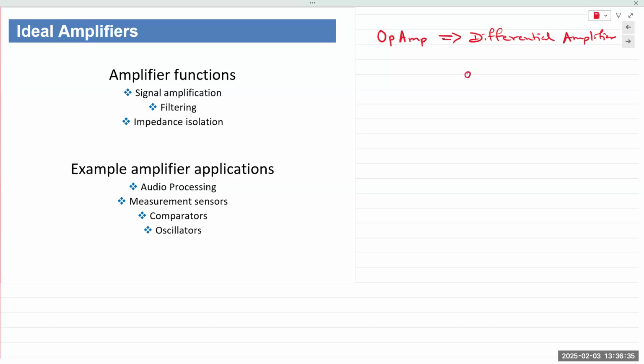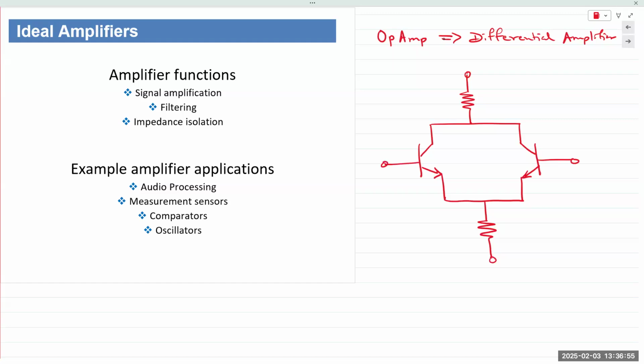To give you an idea, I'm going to draw a very simple circuit using two BJTs. And then I'll explain. So a differential amplifier, unlike a standard amplifier circuit, has two inputs versus one.